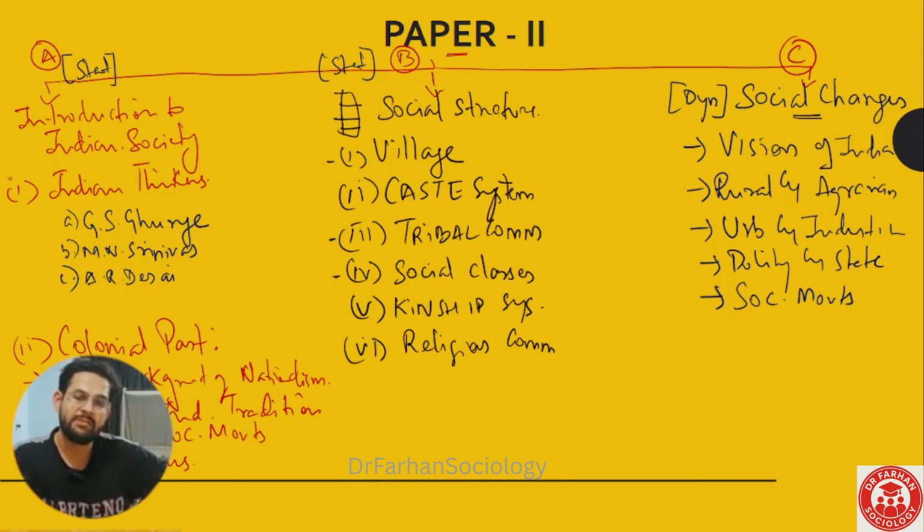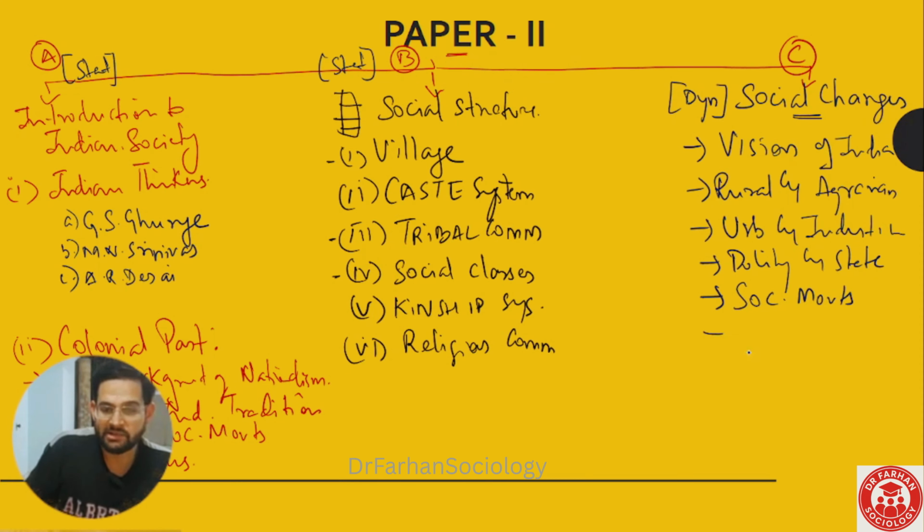Same way in the C part, the most important topic is social movements. How things change, how do they differ? What is the meaning of agrarian movements? Two types are there. One is called to be as agrarian movements, in that there are peasants and farmer movements. In gender, there are women movements, LGBT movements. In caste, there are Dalit and OBC movements. What are these environmental identity ethnic movements? We will try to take a look at it.